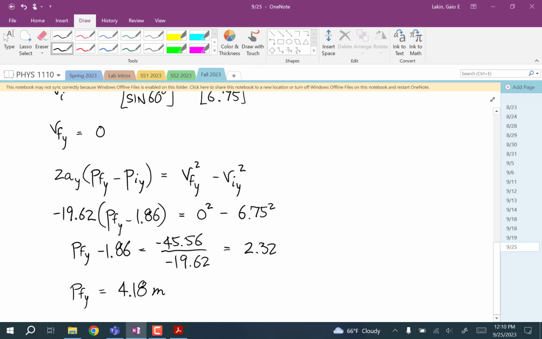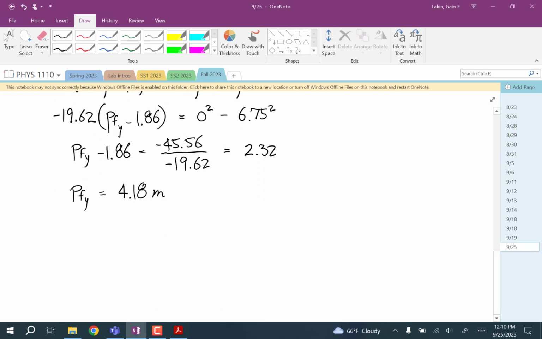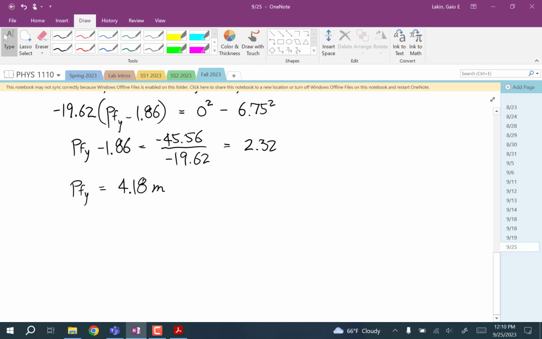We need to calculate the x component too. So for the x component, there's not an equation that works for PFX. So the first thing we have to do is calculate TF.